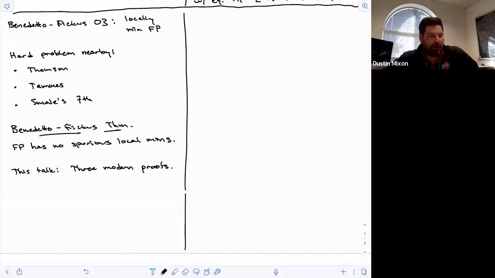And accordingly, people have been trying to come up with theory to explain why stuff like neural nets happen to do a good job of finding global minimizers, despite not trying that hard. So I'm sitting at a place in history where I have the hindsight of the last 10 years of theory, understanding these local methods, and I'm going to throw that theory at this Benedetto-Fickus theorem from 2003.